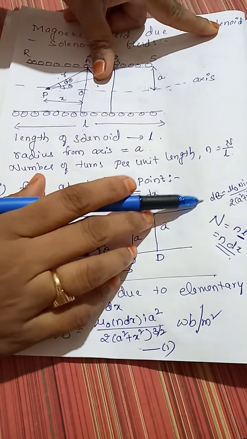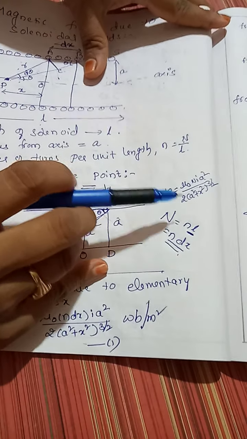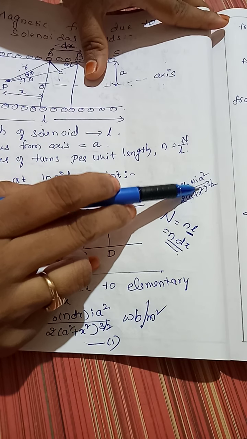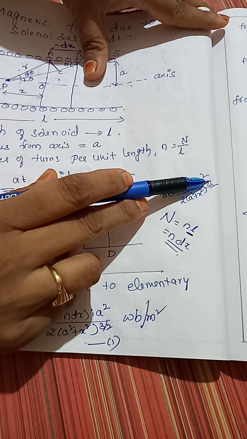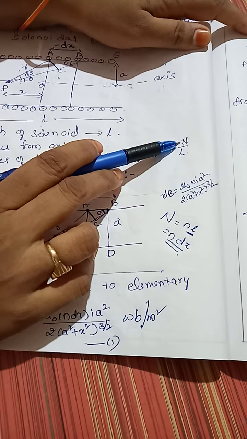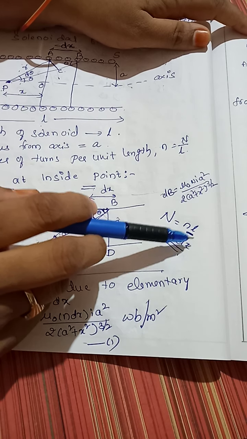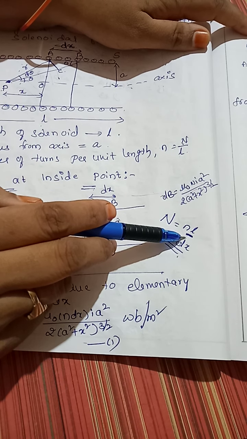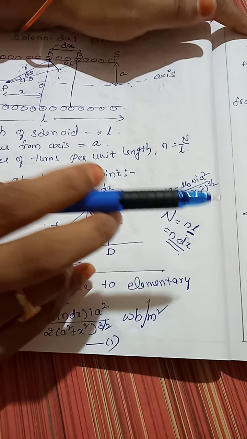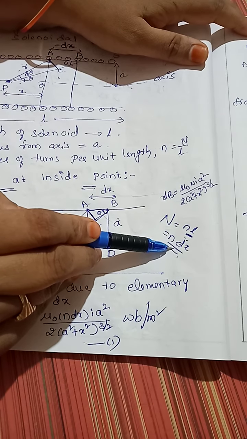Now we know that the magnetic field induction due to a circular coil is mu naught N I A square by 2 times (A square plus x square) whole to the power of 3 by 2 Weber per meter square. Here, in place of N we can substitute n into L. Now we are taking the magnetic field due to current flowing in an element of width dx, so in place of L we substitute dx.